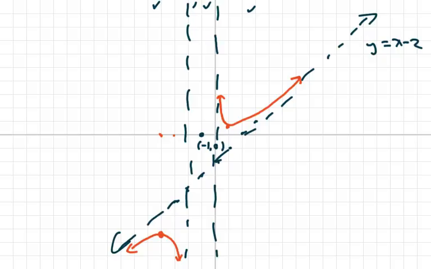Now, on this side, we were above the graph of my x-intercept, and this side we were below, and we didn't have a y-intercept. And you can never cross the vertical. Okay, it did cross my y equals x minus 2 at negative 1/4, comma, negative 9/4. So that's where it's crossing.